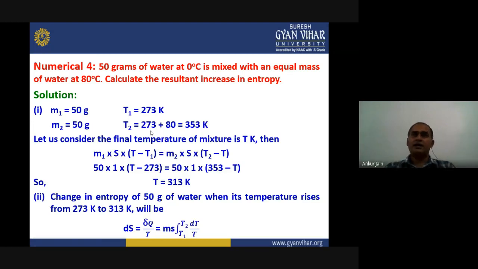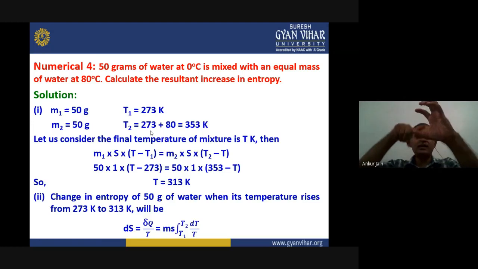Now since we are mixing these two waters at different temperatures, let us consider that the final temperature of the mixture is T Kelvin. Then the heat change will be equal for the two different states. For water at 0 degree centigrade there will be some change, and for 80 degrees also there will be some change, and then it should be equal to form a mixture.